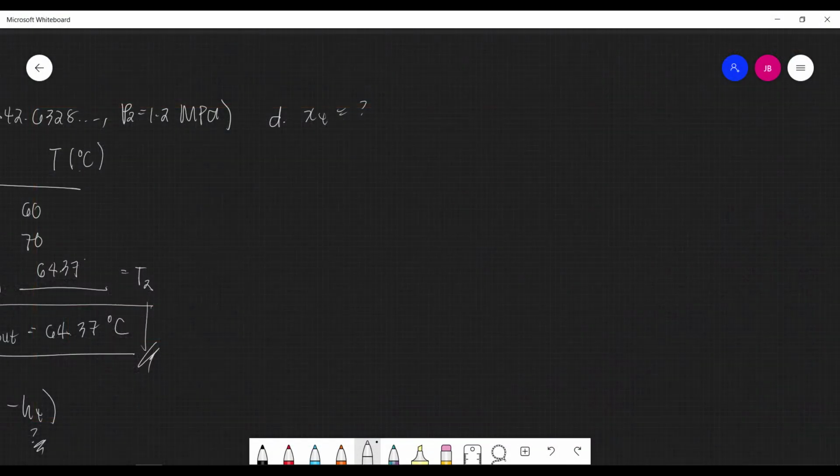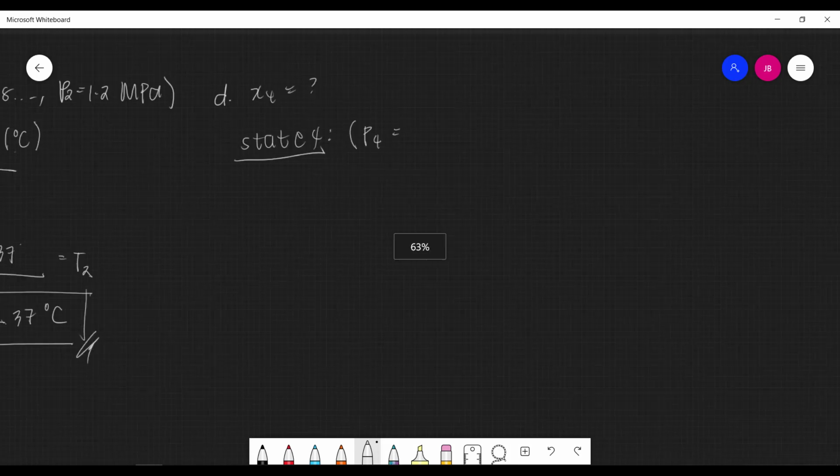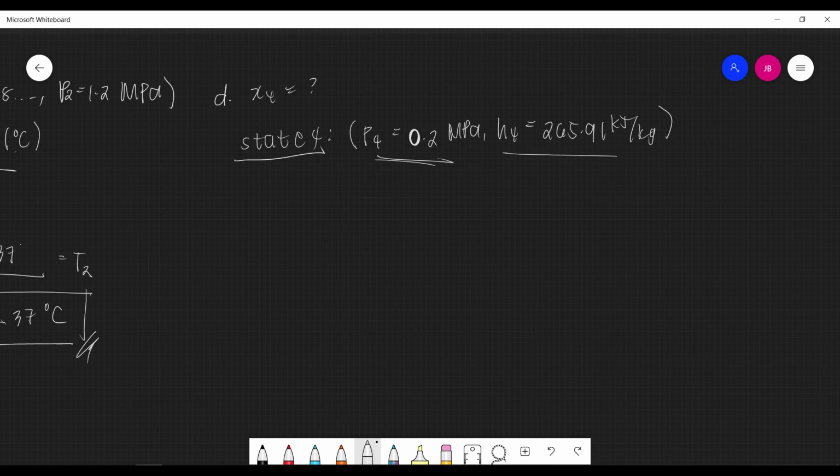Okay, so let's define state 4. Ang alam natin so far, the pressure at state 4 is equal to 0.2 MPa, and the enthalpy at state 4 is equal to 265.91 kilojoules per kilogram. We already have 2 independent parameters which are pressure and enthalpy. So how do we solve for the quality?